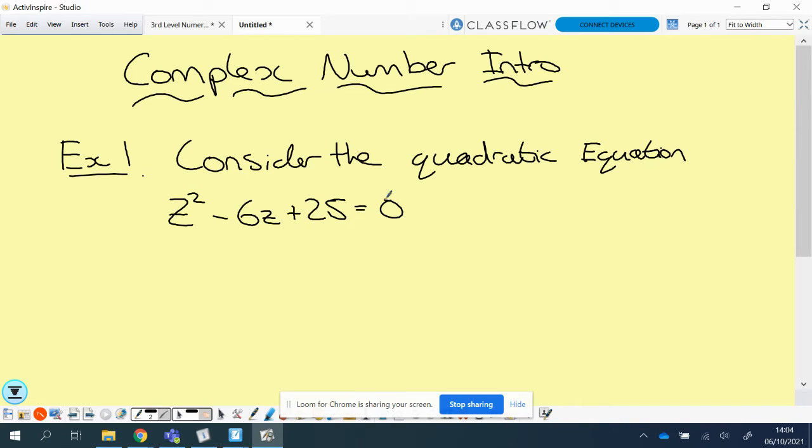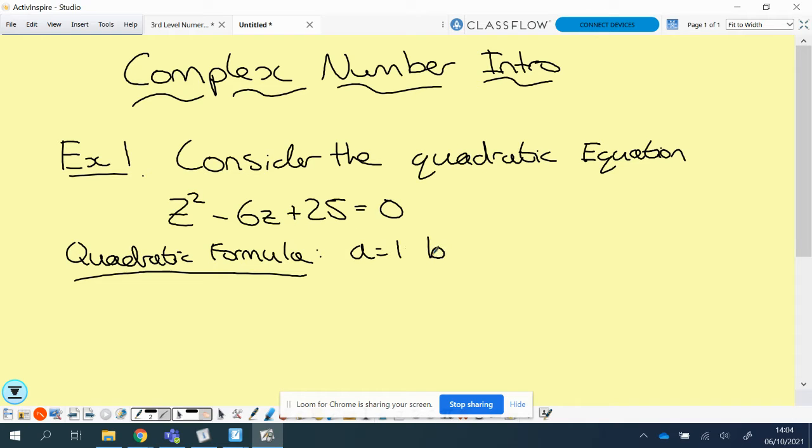If we were to find the roots of that, we would use the quadratic formula from National 5. Then a would be 1, b would be negative 6, and c would equal 25.